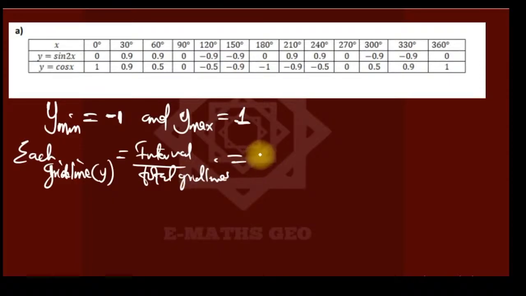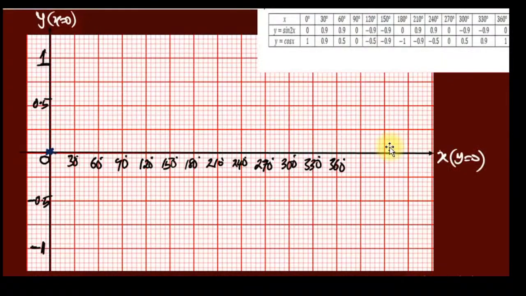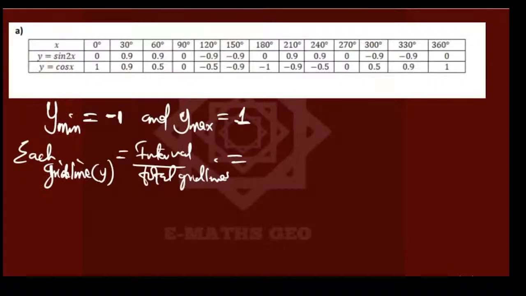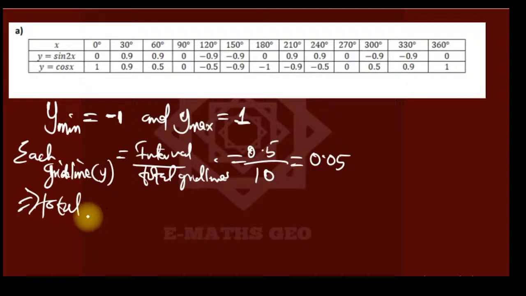The scale here is 2 cm to 0.5 units. So the interval is 0.5. We are moving in 0.5 over the total grid lines to that 0.5, which is 10. So each of these will be 0.05. Yes. So each of these grid lines is 0.05.